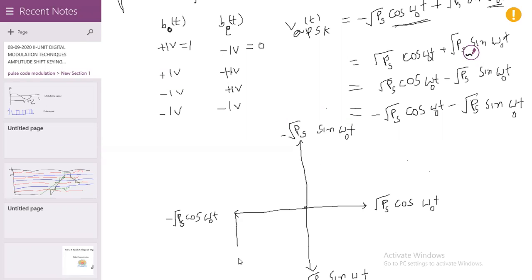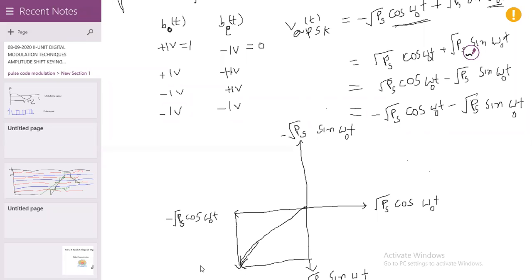We can extend this vector, similarly here also we can extend this vector. Then here we can draw this resultant like this, a straight line. So this is the resultant, that means the addition of these two signals.